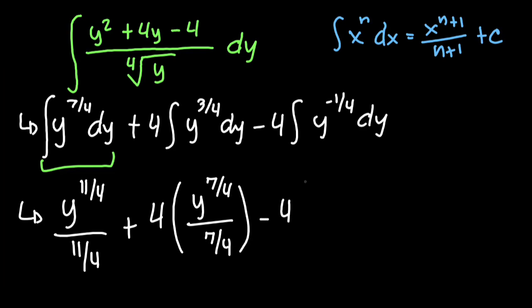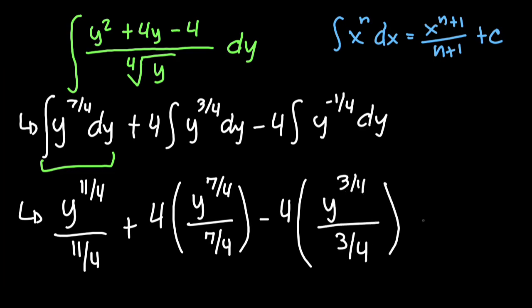Minus 4 multiplied by the integral of y to the power of negative 1/4, which would be equal to y to the power of 3 over 4 over 3 over 4 plus c.